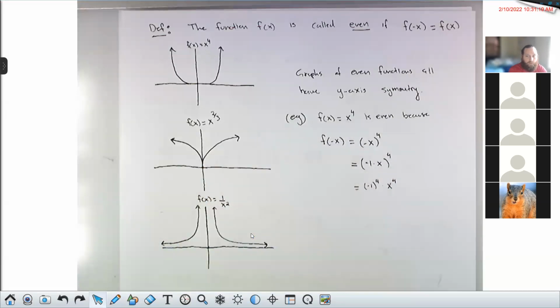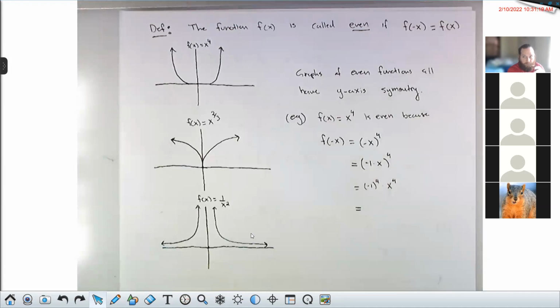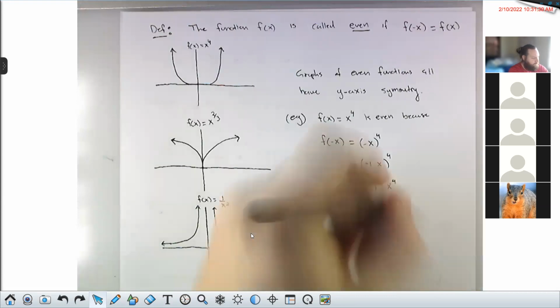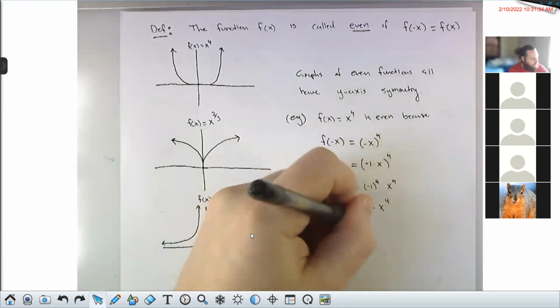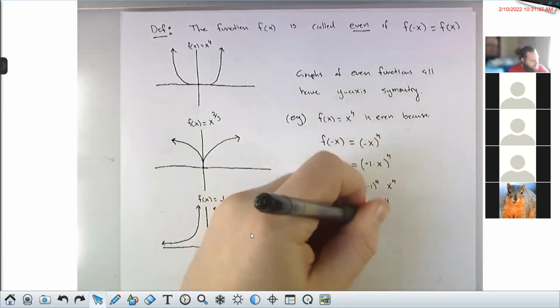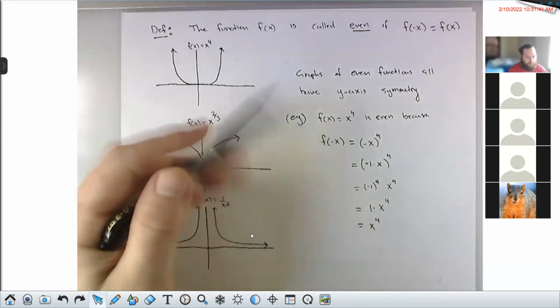It means different things without the parentheses. (-1) to the 4 is -1 times -1 times -1 times -1. It's 4 copies of -1 multiplied by itself. -1 times -1 is +1. So this is +1 times +1, which is just 1. That's just x to the 4. Well, what is x to the 4? That's the original function.